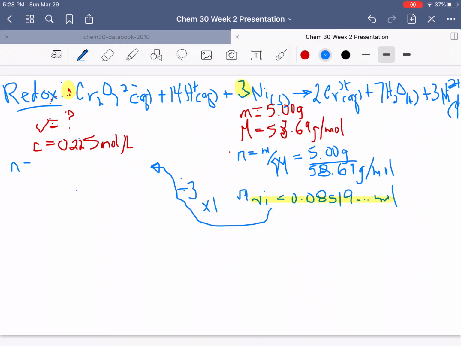And that'll get us to our number of moles of that dichromate, okay? Which, when you go through that process, you get 0.02839. It keeps on going.